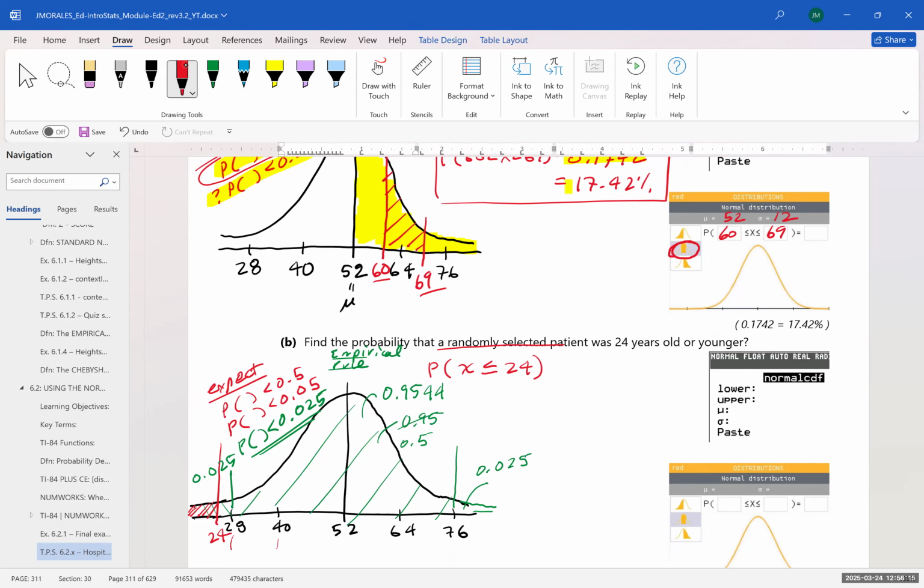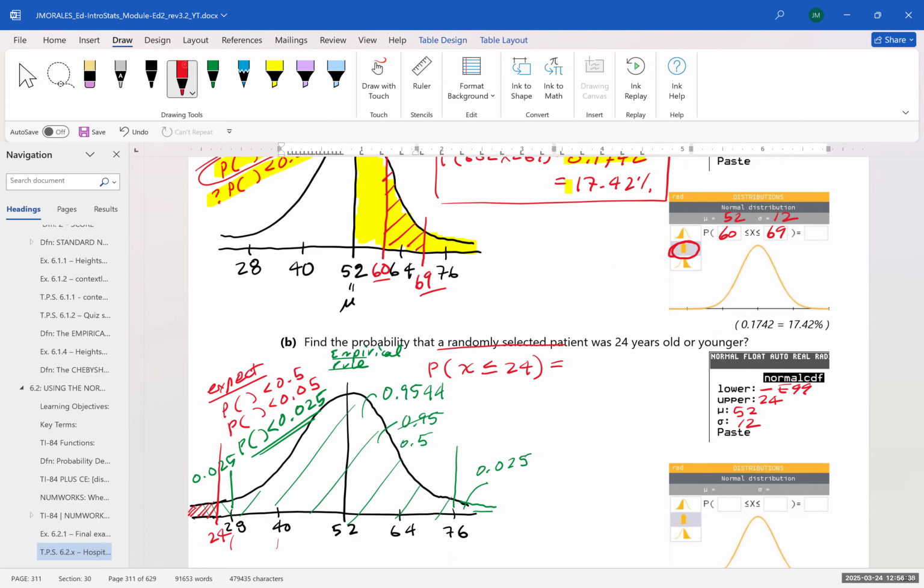Let's see if I'm right. So on the Texas Instruments calculator, the lower bound is going to be negative infinity. So we want to put negative E99 with an upper bound of 24. And that has a mean of 52 and a standard deviation of 12.